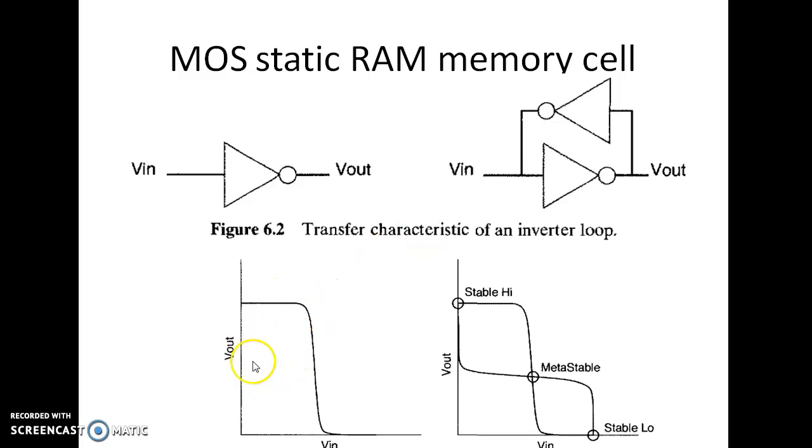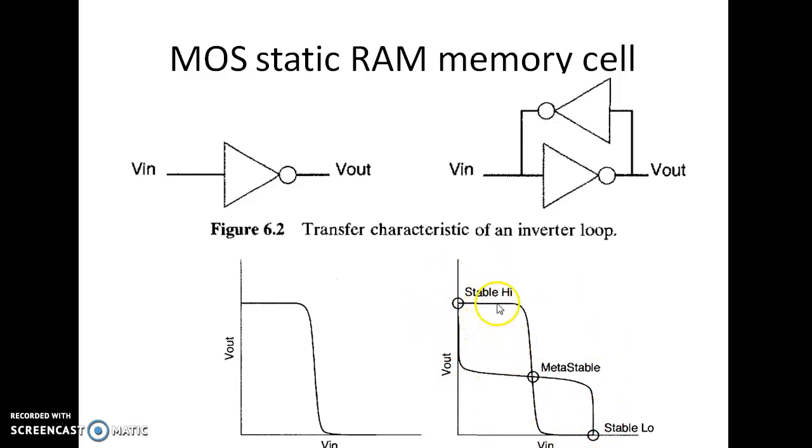And these would be the transfer characteristics of a single inverter, as you know. Input on the x-axis, output on the y-axis. When input is 0, the output would be the maximum, and as you go on increasing the input, the output drops to almost ideal practical 0. And when you overlap the two inverters' transfer characteristics, this would be the picture.